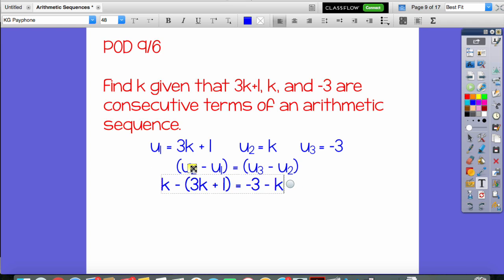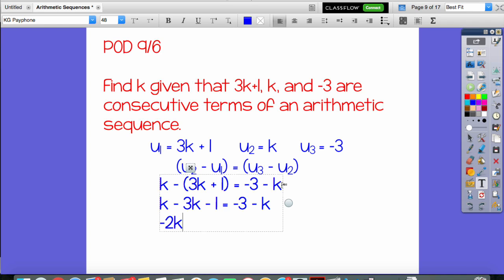If you're following this set formula here, it's nothing but a linear equation which you solve. So you'll have k minus 3k minus 1, make sure that you carry that negative over, equals negative 3 minus k. Then combining like terms, getting your variables all to one side.